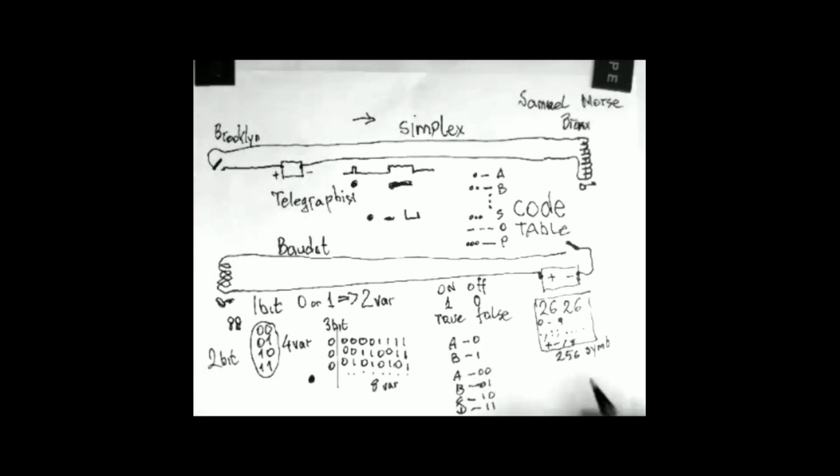Folks, question. What is the mathematical dependency of the number of variations on the number of bits? Let me tell you. The number of variations, Q, quantity of variations, is equal to 2 to the power of n. That is the framed formula, where n is the number of bits. This formula will be on exams. Please do not forget.